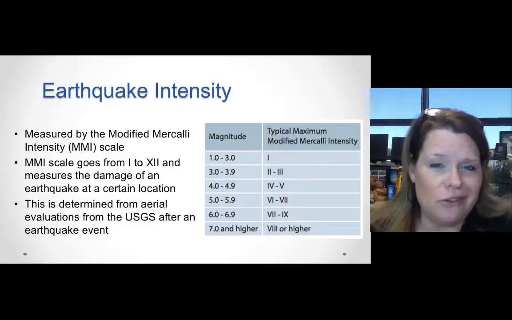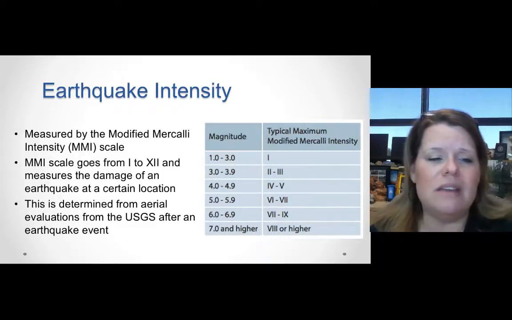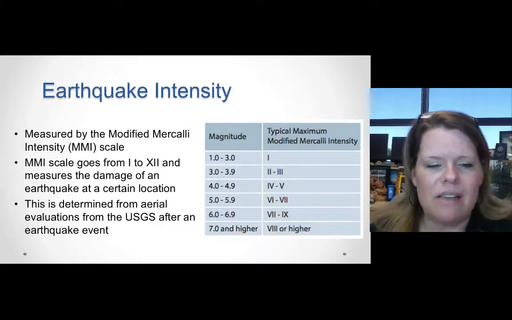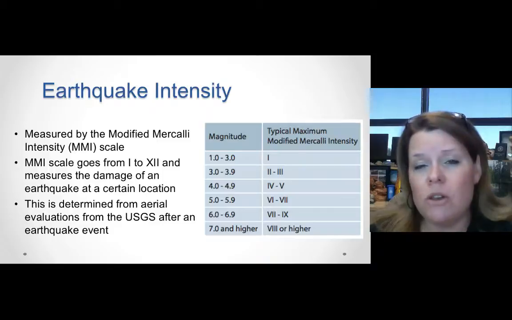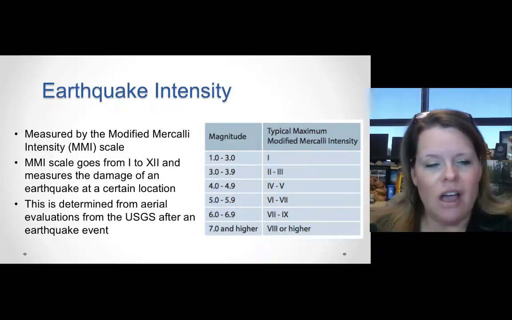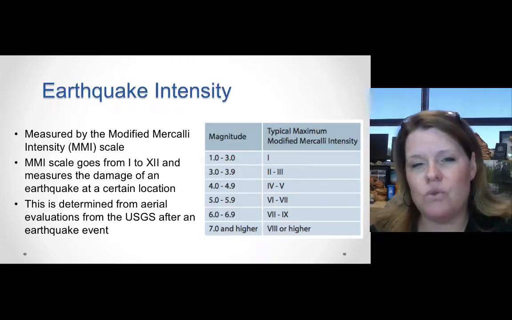There is a scale that measures earthquake damage, and that's going to be the modified Mercalli intensity scale, known as the MMI scale. And this goes in Roman numerals from I up to Roman numeral XII, and measures the damage of an earthquake at a certain location. This is typically assessed for two reasons.